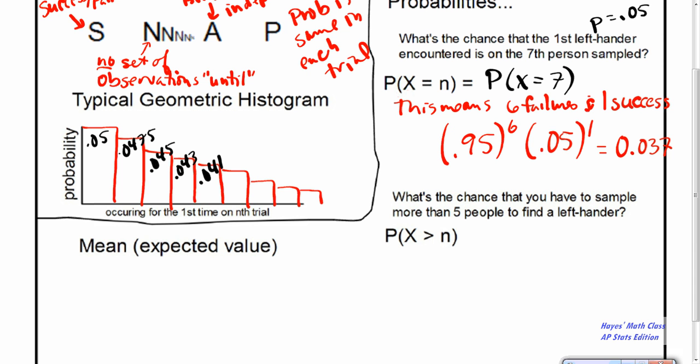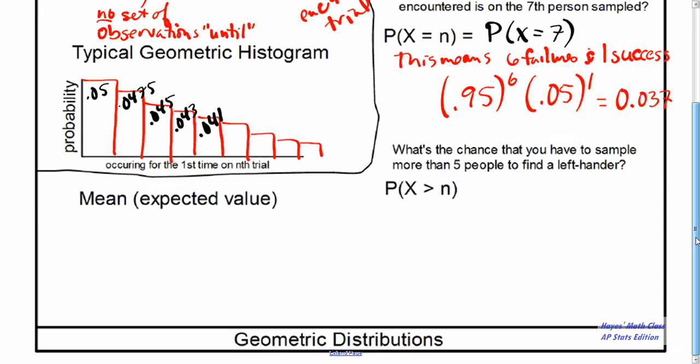So what's the chance that you have to sample more than 5 people to find a left-hander? Well, this is going to be one of the ones we were kind of talking about. It's kind of like the complement idea. So the probability that x has to be bigger than 5 means the first 5 have to be failures, right?